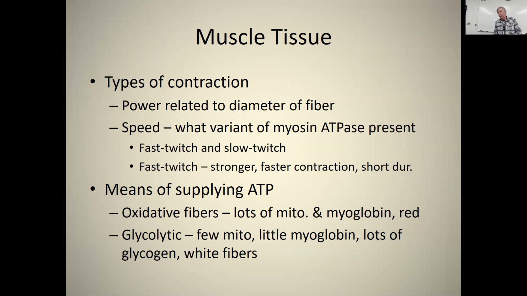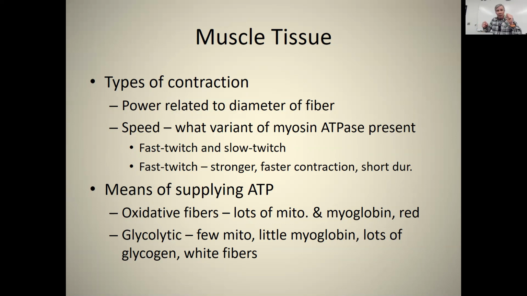There are not very many mitochondria in those fibers. But slow twitch is using aerobic mechanisms. They contract more slowly. They use oxygen, so they have lots of mitochondria. So we have oxidative fibers, lots of mitochondria and myoglobin, and they're red.